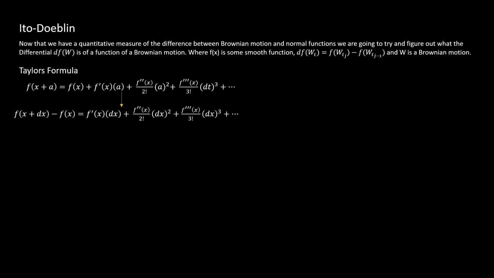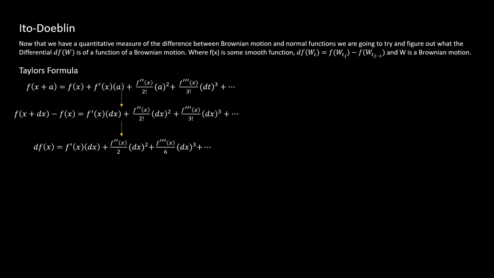In order to do this, let's have a quick revision of Taylor's formula. Taylor's formula approximates a function at a point as a series of its derivatives. If we sub in our infinitesimal distance dx and move 1 to the other side, we are going to get the formula for a differential of a function of x as follows.